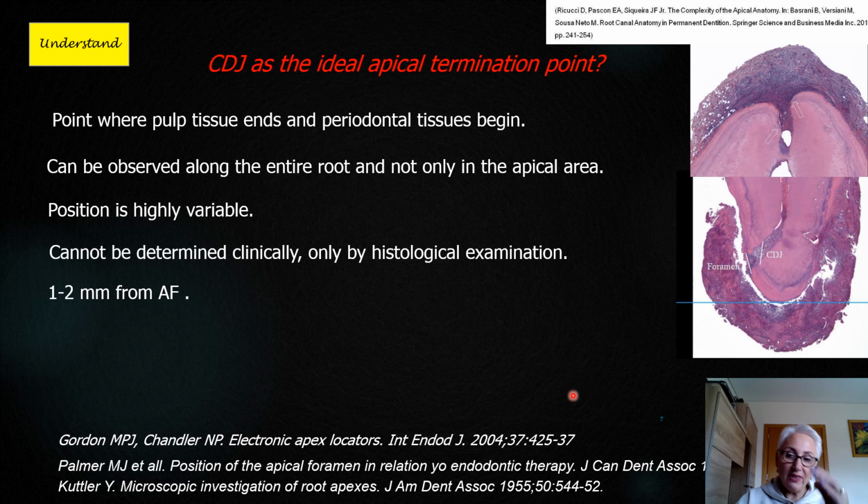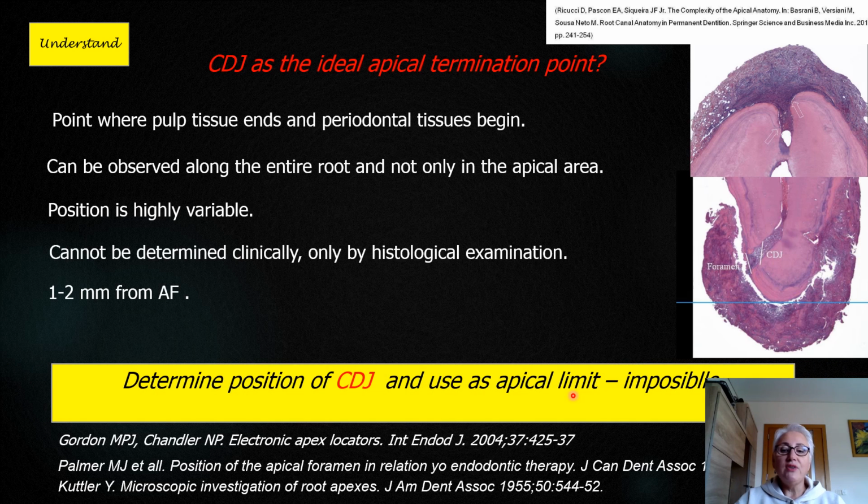Usually the average distance of this junction is 1 or 2 millimeters from the apical foramen. For this reason, because we cannot determine the position of the cementodentinal junction clinically, we cannot use it as our apical stop.